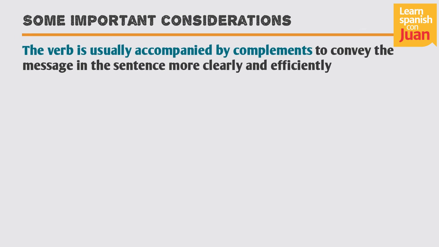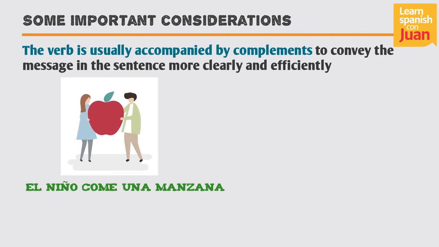The verb is usually accompanied by complements. These complements are useful to communicate the message in the sentence more clearly and efficiently. There are many types of complements, which we will study in detail in future lessons. Take a look at these two examples for now.